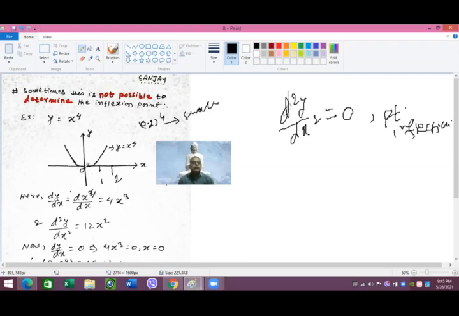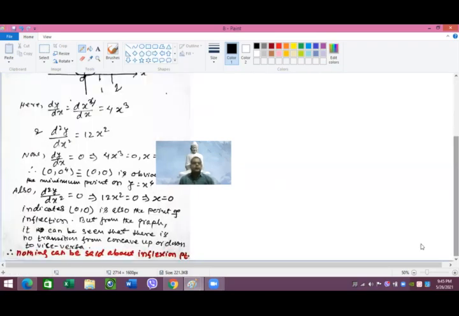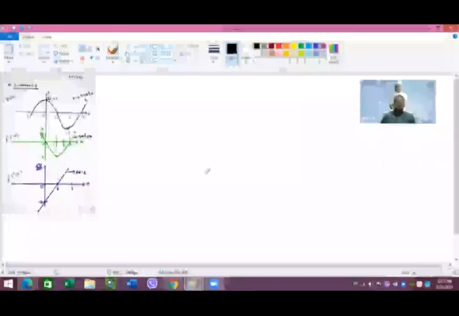But in this graph, you can see that there is no change in concavity. So we can't say that x equals 0 is a point of inflection. Then what can you conclude about this? We can conclude nothing about this sort of function when we are dealing with points of inflection.